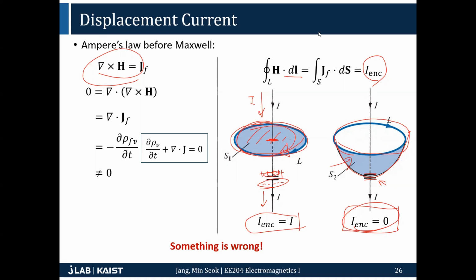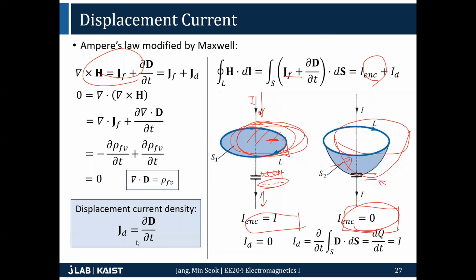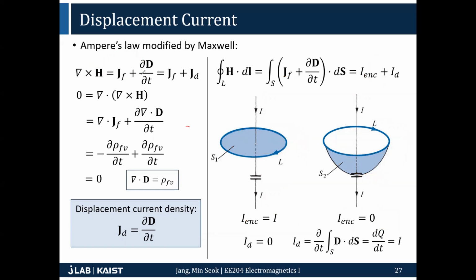The correction they made was this: add the term dD/dt to Ampere's law, which is sometimes called the displacement current, because the D field is called the displacement field.